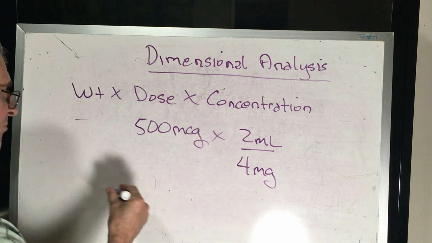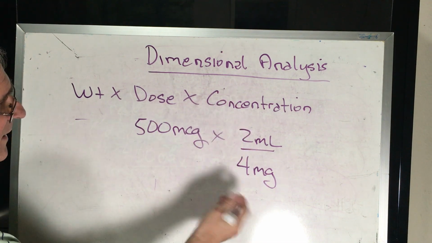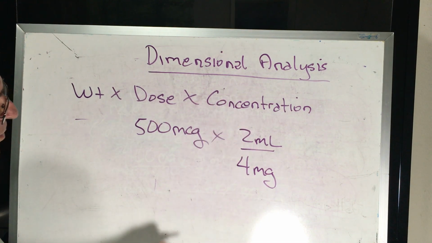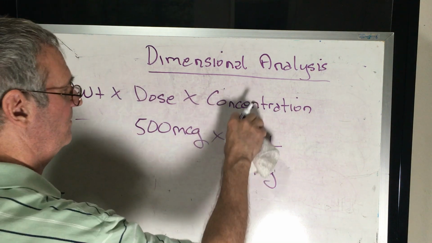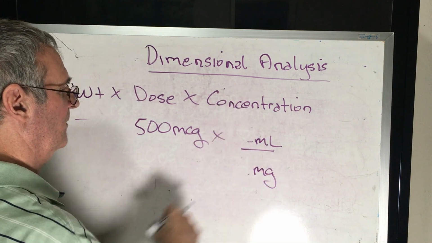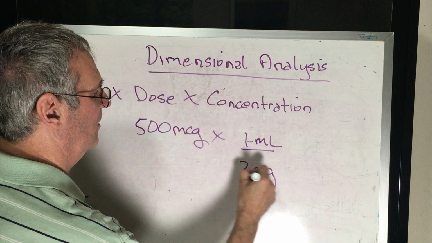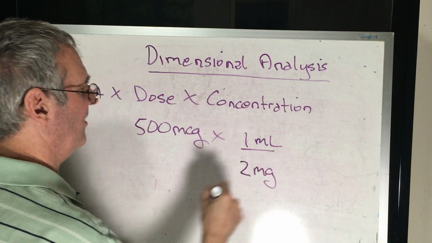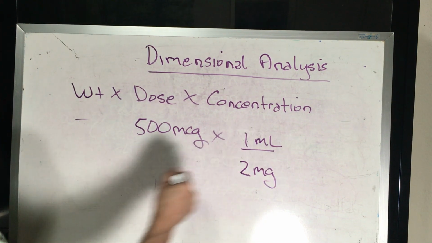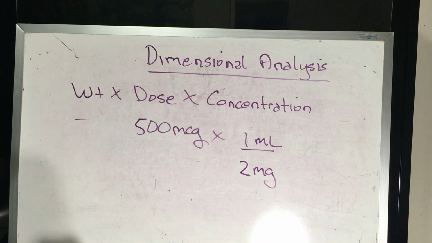So if I were to take my 4 milligrams, well, first of all, let me reduce that. That's going to be 1 milliliter per 2 milligrams, because 2 will go into both of those. So I can simplify that a little bit. So I've got 2 milligrams, and I want to figure out how many micrograms that is.